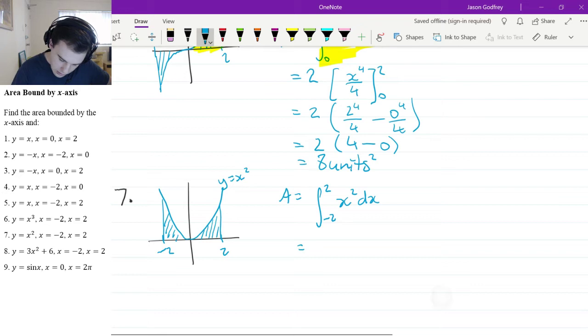So if we do x squared integrates, add 1 to the power, divide by the power, and now we're going to substitute in 2 cubed minus subbing in -2.